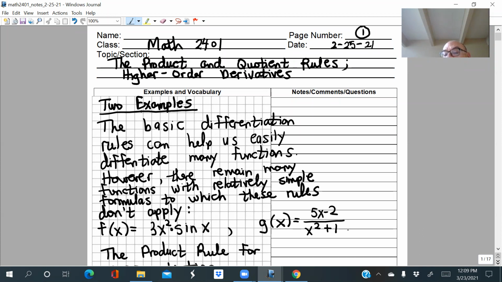Okay, so it turns out that the very basic differentiation rules that we just went through in the prior notes are not quite powerful enough to allow us to differentiate a function like this one or a function like this one. So we're going to learn today some more advanced rules that will help us handle more complicated formulas like these.